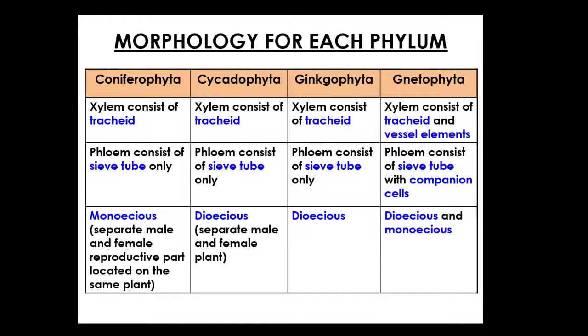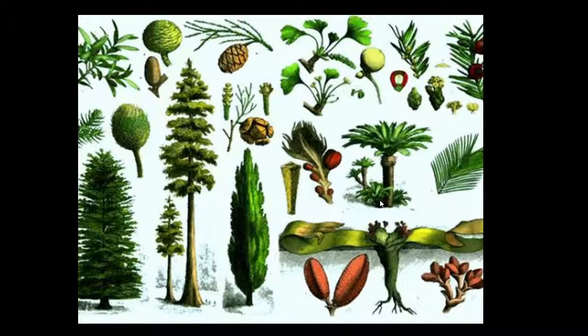So one cycad plant can only have male cone or female cone. The Gingophyta is also dioecious. Okay, so Gingophyta is also either male gingo or female gingo. And the Gnetophyta, some of them are dioecious and some of them are monoecious. Depends on the species. So it is a very brief chapter on gymnosperms.